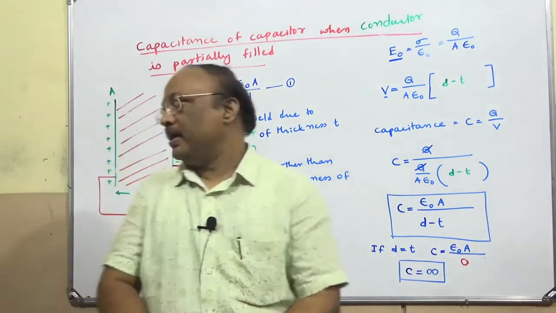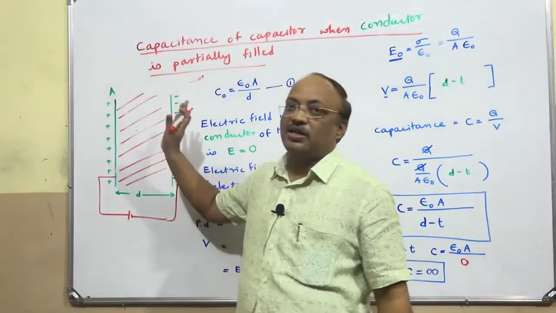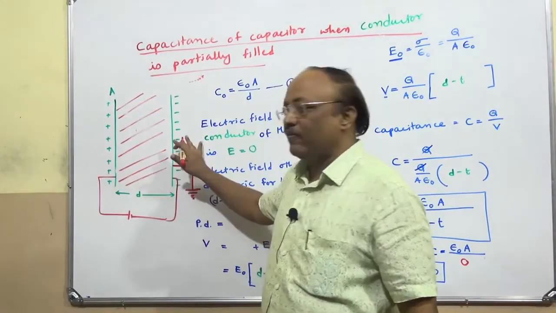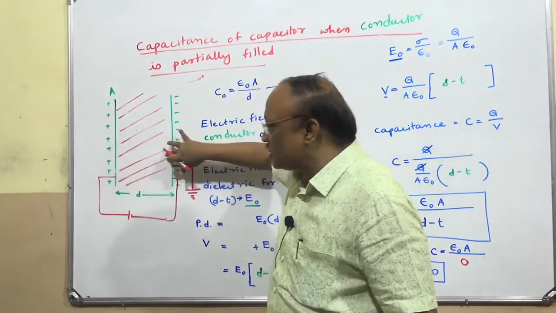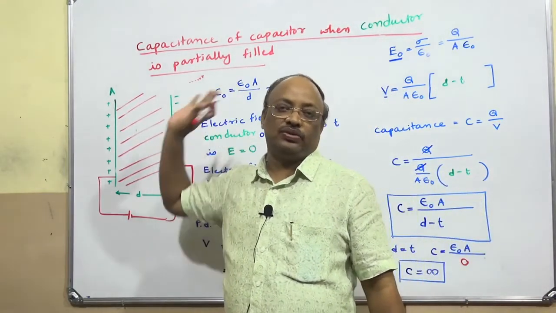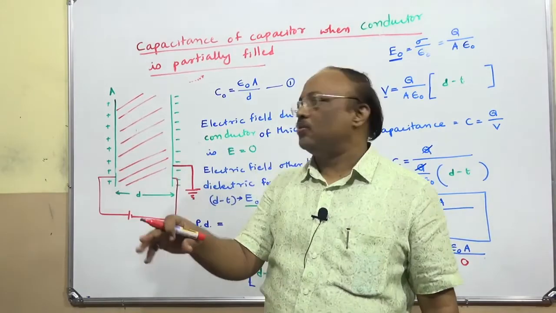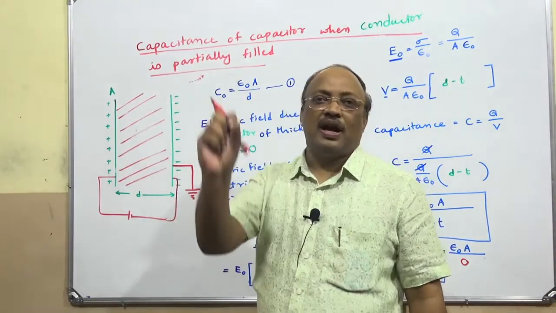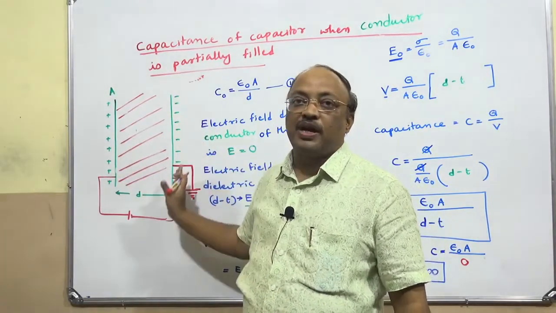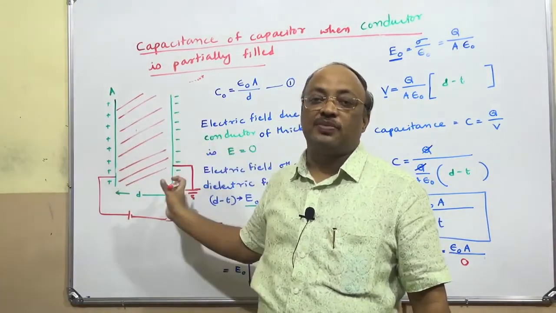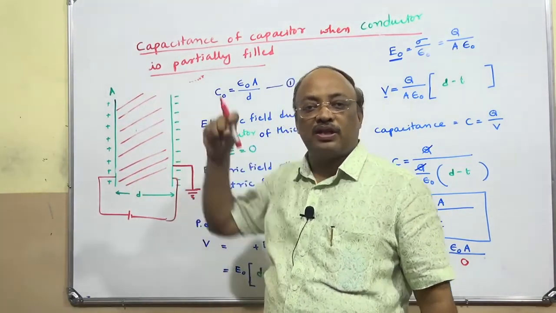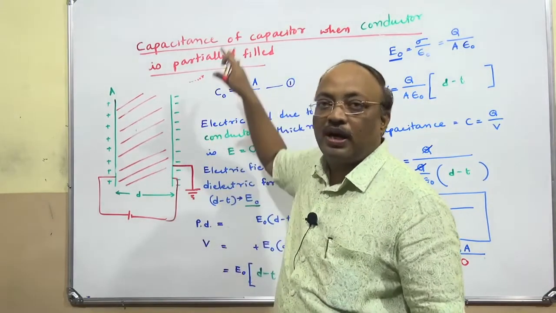So in this way the capacitance of this capacitor becomes infinity. Whatever charges you give flow through this conductor and enter the ground. That is why its capacitance becomes infinite.